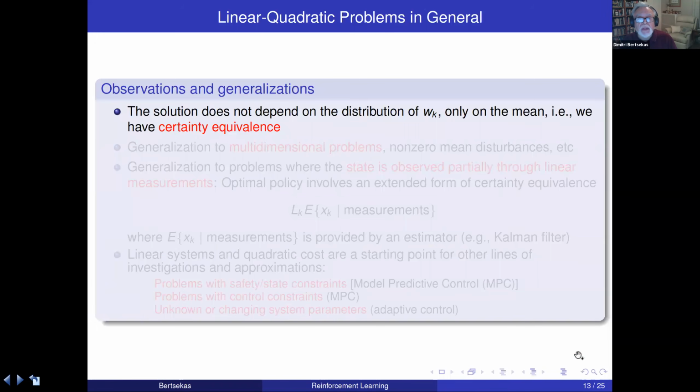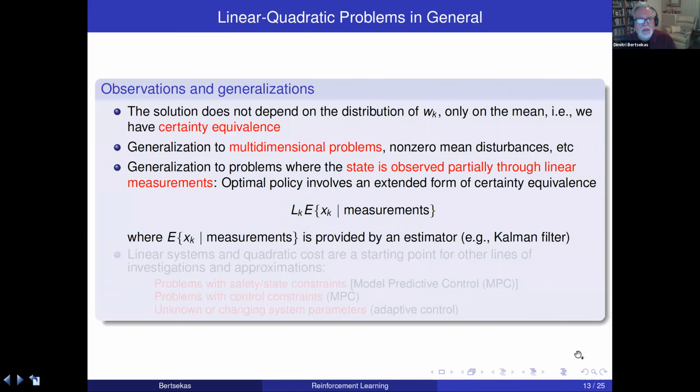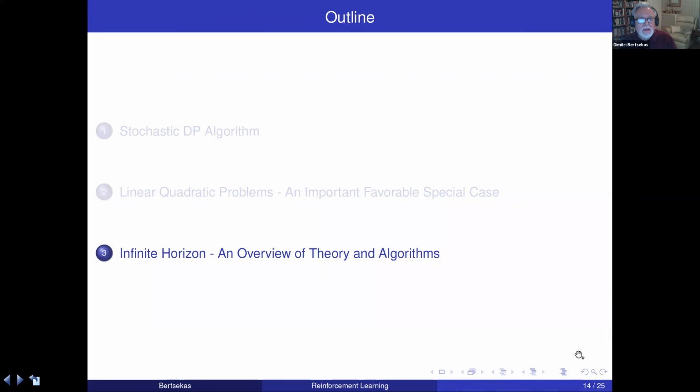Okay, so we did this linear quadratic problems as an example of stochastic dynamic programming. And now we're going to go into infinite horizon, which is a major subject. We're not going to cover it in detail because we're going to get into it in much more detail towards the last 40% of the class.